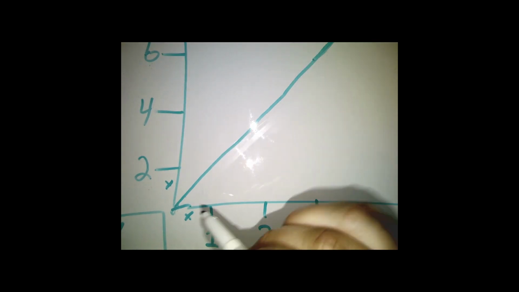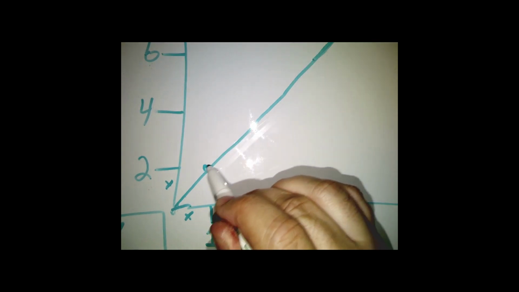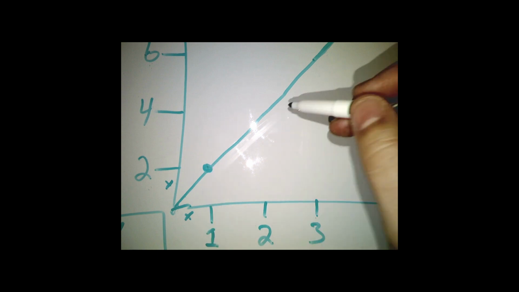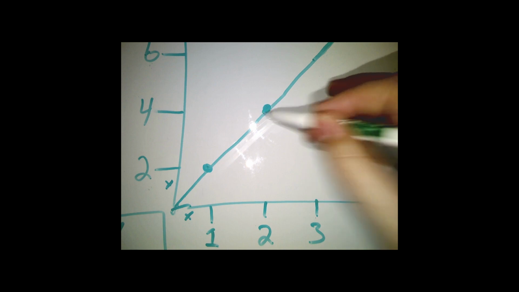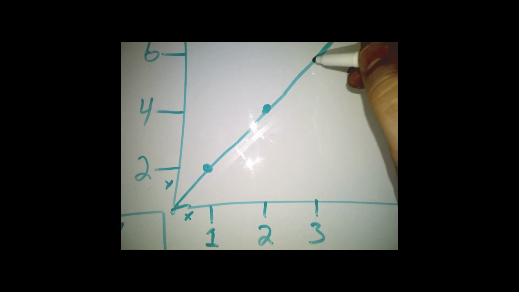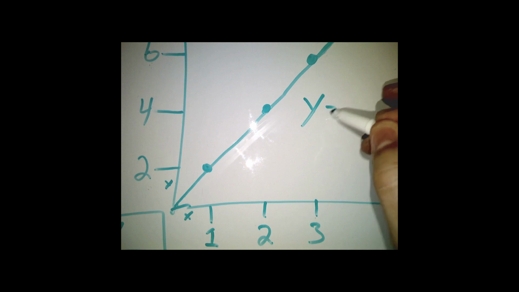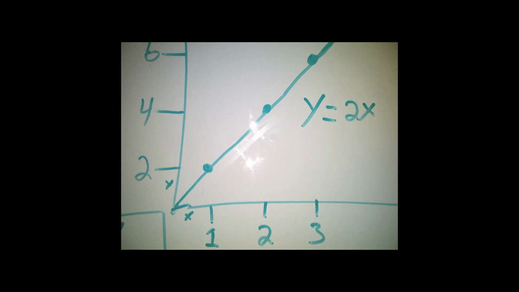So if we look at the points, we can actually plot out our points, where x is 1, y is 2, where x is 2, y is 4, where x is 3, y is 6. Now what this actually is, is the graph of an equation, which is y equals 2x.